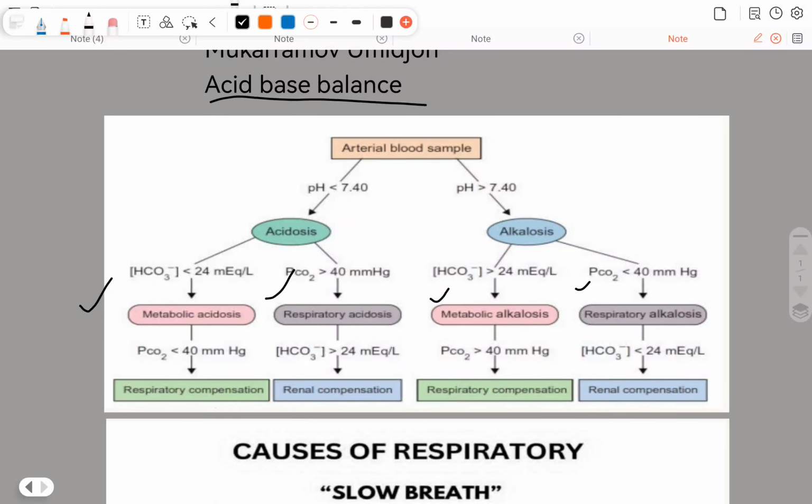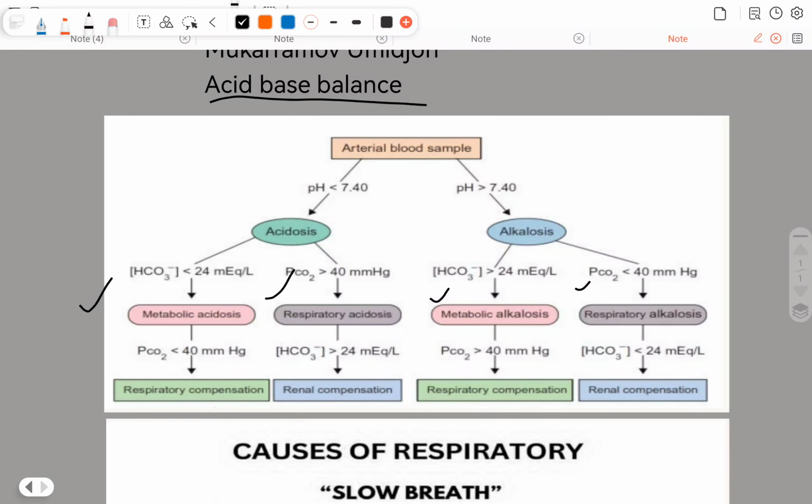For example, it is especially seen in patients who are suffering from diabetes mellitus type 1 and type 2, and in people who drink alcohol, their blood becomes acidotic. In diabetic patients, a high amount of fatty acids accumulates in the blood, and in patients who drink alcohol, acetic acid accumulates in our organism.